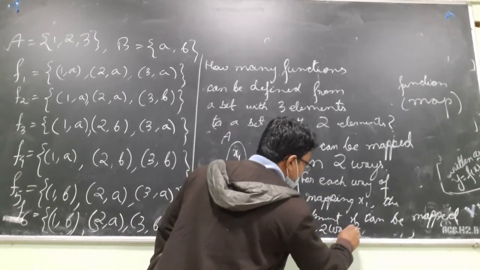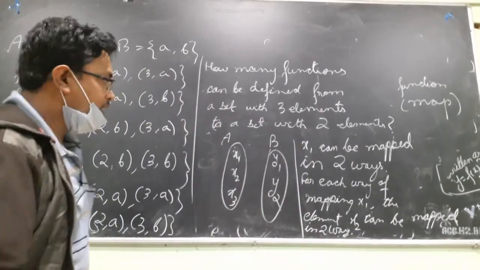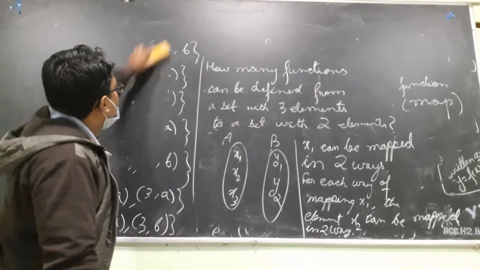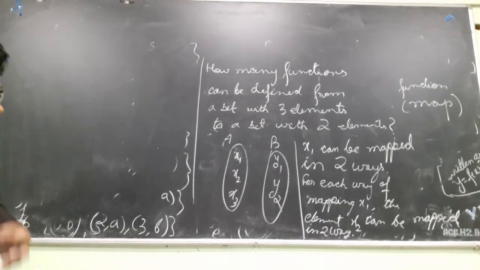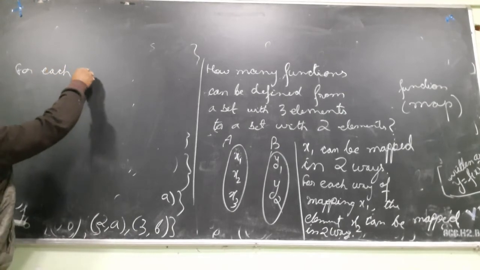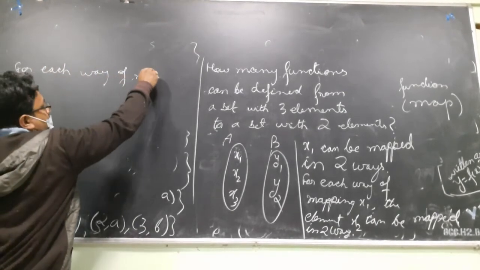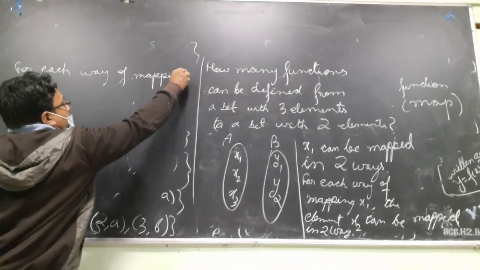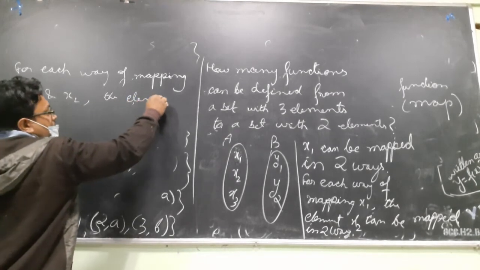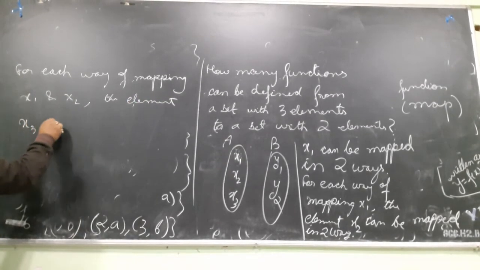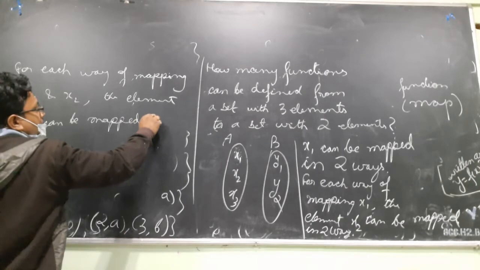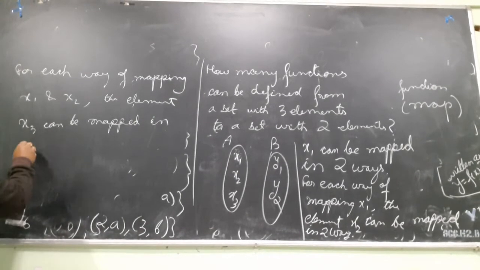Similarly, for each way of mapping x1 and x2, the element x3 can be mapped in how many ways? Two ways.